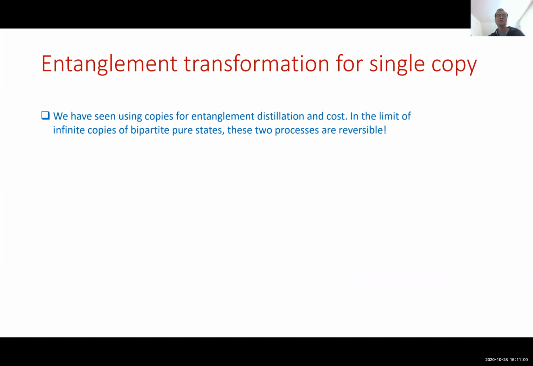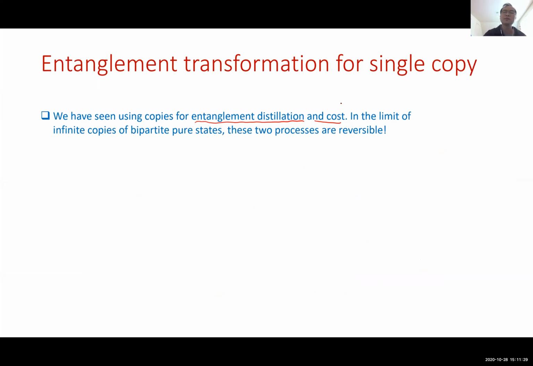So the entanglement of formation is about an average, and the ideas of entanglement distillation, entanglement cost, or entanglement dilution require many copies and are usually defined in the infinite copy limit. For pure states, these are the same in the sense that the two processes are reversible.